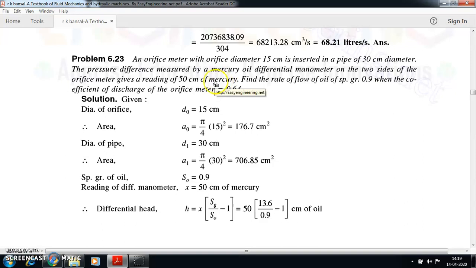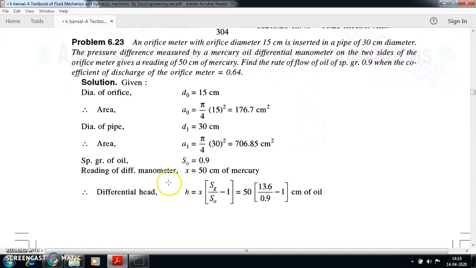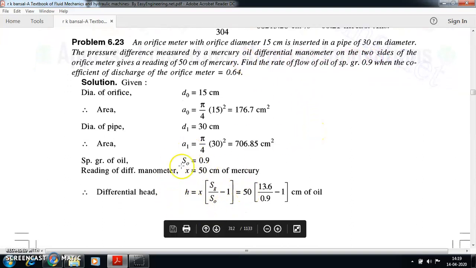So here it is mercury, and the oil which is flowing in the pipe has a specific gravity of 0.9. So definitely it is case 1. So H value you can directly find from the first case equation, where H is equal to X into specific gravity ratio minus 1.